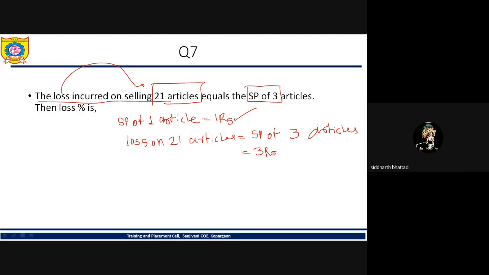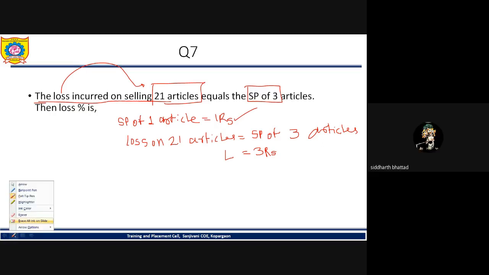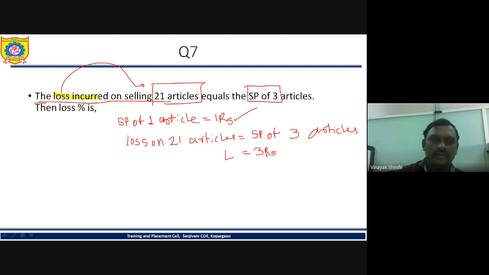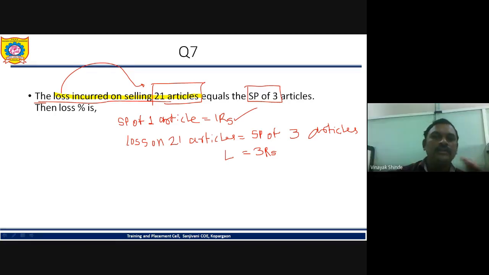Sir, can you please explain again? I am not getting this: 21 articles equal to SP of 3 articles. Okay, you need to understand the statement here. Loss incurred on selling 21 articles. So how many articles are sold? 21. And that loss is equal to the selling price of 3 articles.